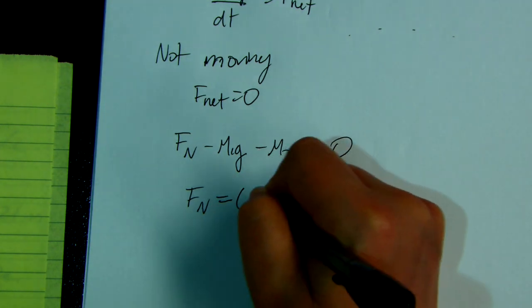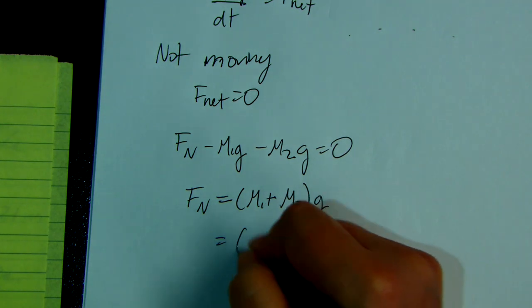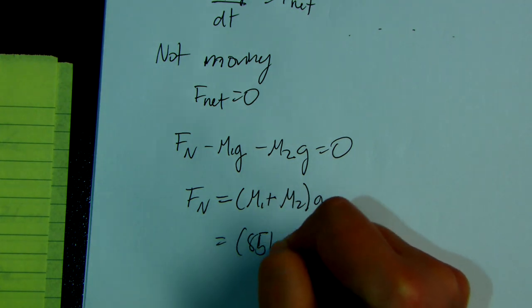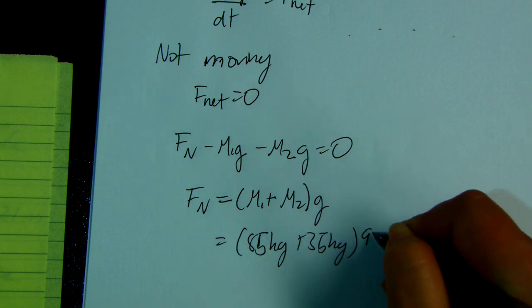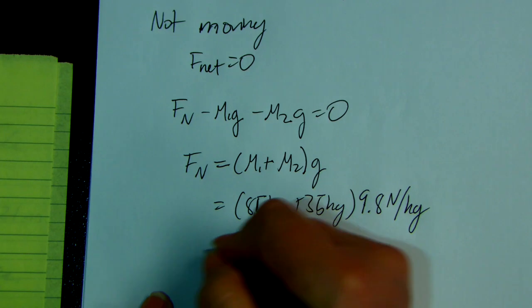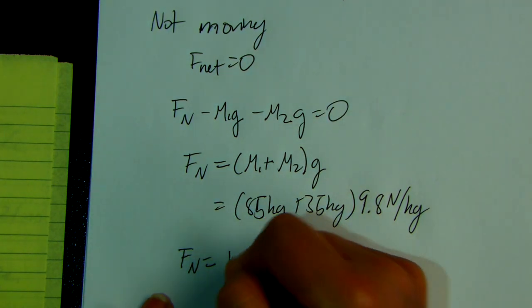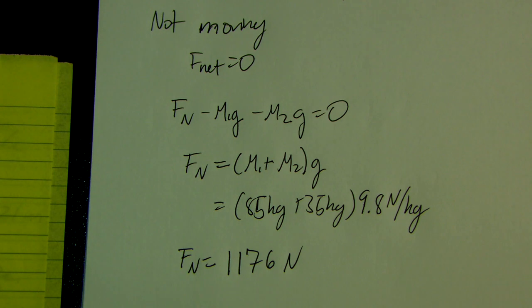So the normal force is equal to (M1 plus M2) times G, which is 85 kilograms plus 35 kilograms times 9.8 newtons per kilogram. The normal force is equal to 1,176 newtons.